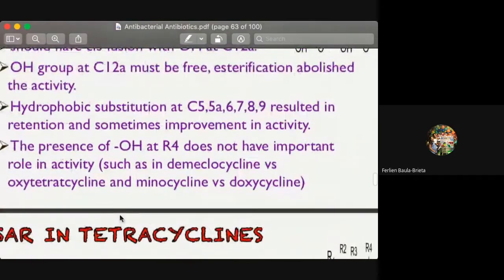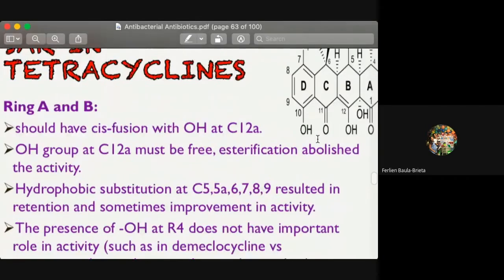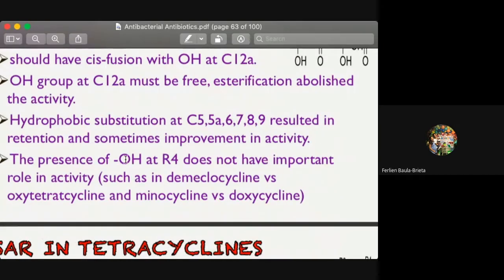Now, the presence of hydroxyl at R4 does not have an important role in activity. So let's look at R4, this one here on top. So the presence of hydroxyl there does not give any clinical importance, such as in the example, demeclocycline and oxytetracycline, and minocycline and doxycycline.